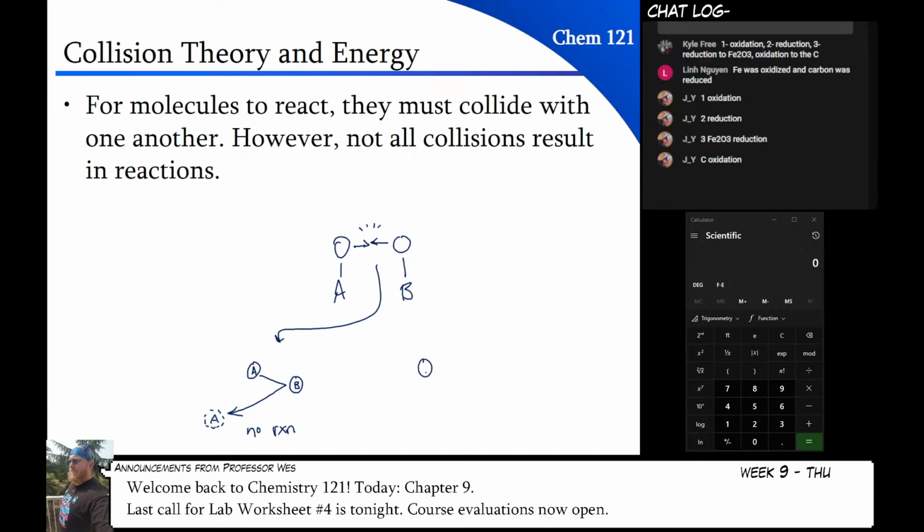Or the collision between A and B is so powerful that all the electrons get knocked around, and when they resettle, they form an arrangement that is consistent with bonding. And we get a reaction.